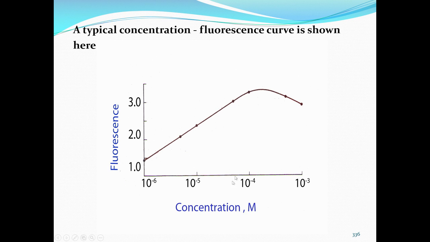That means the linearity varies from 10 raised to minus 6 to 10 raised to minus 4, that is 1000 times, this is 100 times, this is 10, and then 10 raised to minus 4 is 100, and sometimes if you are lucky it may go up to 10 raised to minus 3, but rarely will fluorescence be linear in the higher regions.